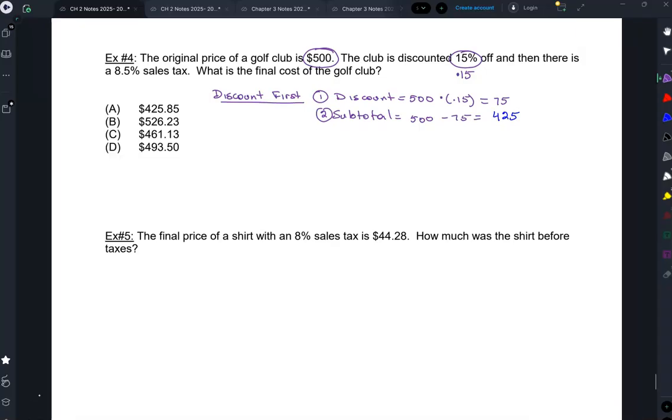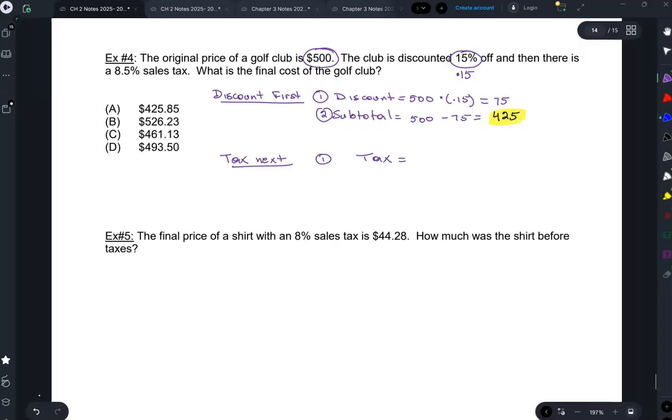Next I want to do the tax. So number 1, let's find the tax. It's going to be the 425, right? So now this is the new price.